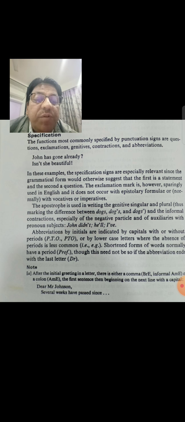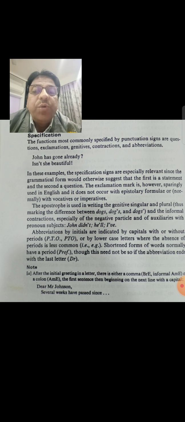And shortened forms of words normally have a period, like Prof. We use a period after professor. But if it ends in the end letter, like Dr, we do not use a full stop after doctor. But normally these days we do not use the full stops even after professor and doctor.